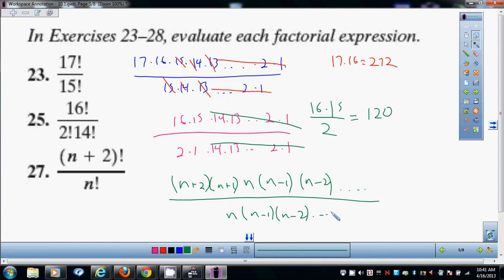N plus 2 times n plus 1 is n squared plus... Very good. If you left it as n plus 2 times n plus 1, that's fine. But the book's going to have it like that, just FYI. Okay. So that's kind of an abstract way to use the factorial, using it with a non-concrete number. But you still just subtract 1 every time.